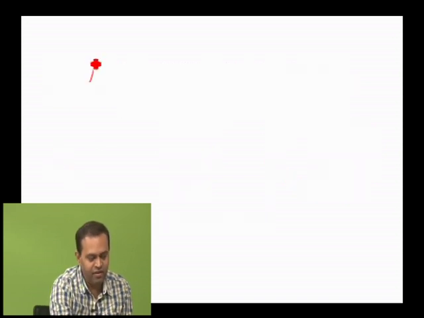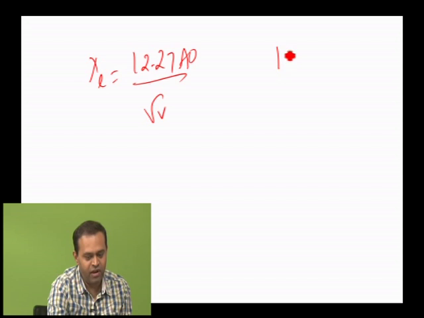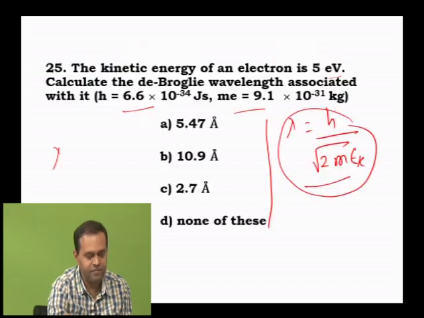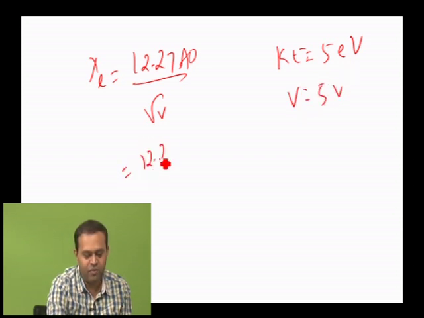Wavelength of an electron is 12.27 angstrom by √V, right? You get the answer in one step. The value of kinetic energy is 5 electron volt. If kinetic energy is 5 electron volt and the potential is 5 volt, correct? That is equal to 12.27 angstrom by root of 5.